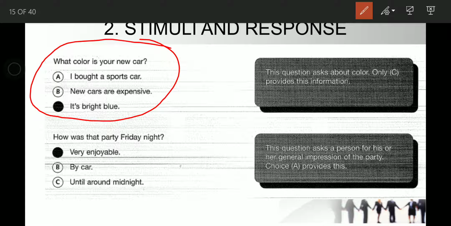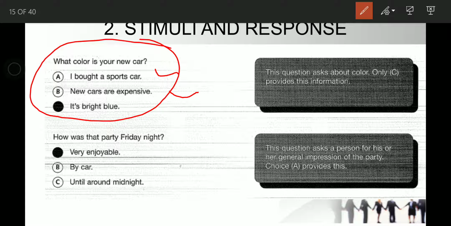So you have to focus on the start of the question: what color? From option A and option B, there is no word that refers to color. So the correct answer is C.